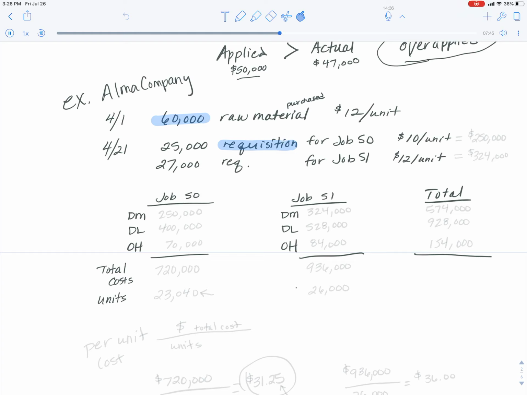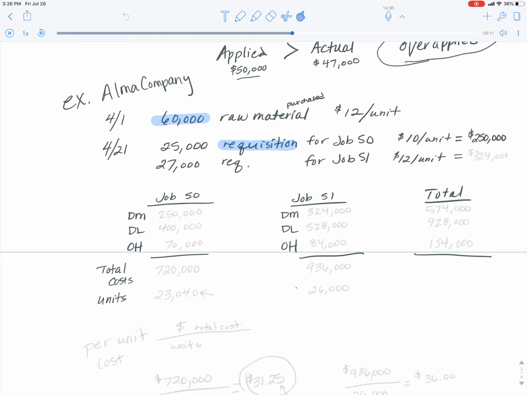So 25,000 units were requested for job 50 at $10 per unit. So 25,000 units times $10 is $250,000. And then 27,000 units for job 51, and we paid $12 a unit for it.